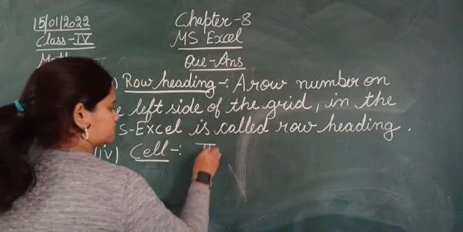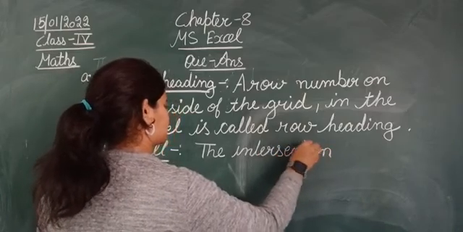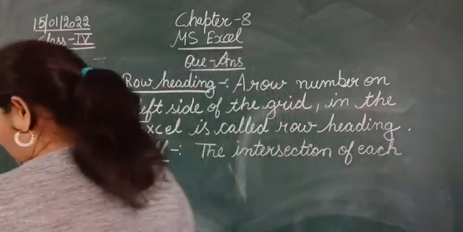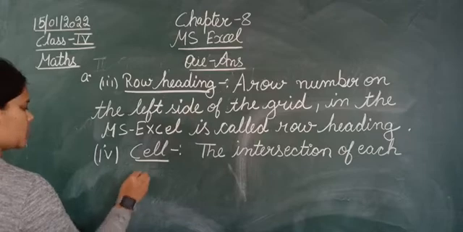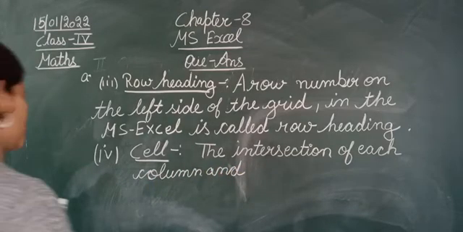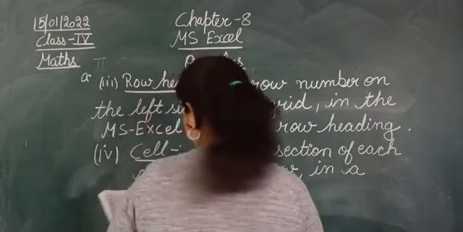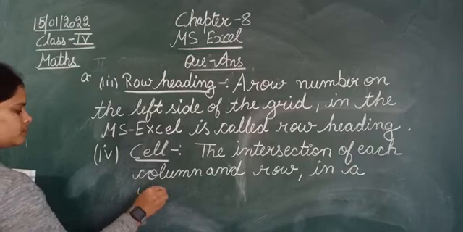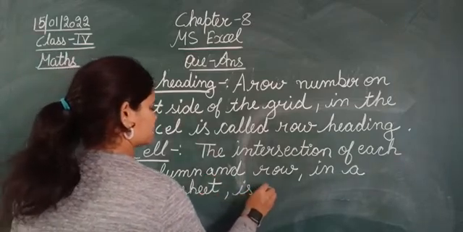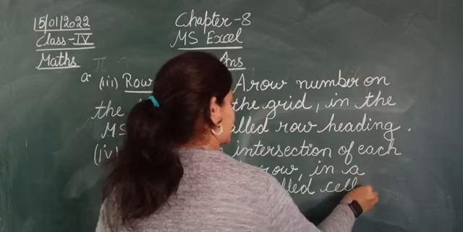The intersection of each column and row in a worksheet is called cell, full stop.